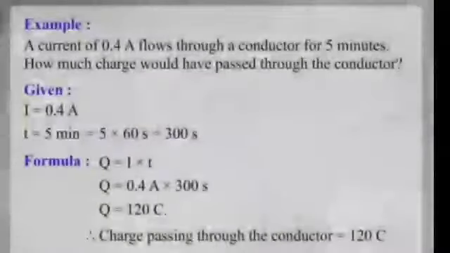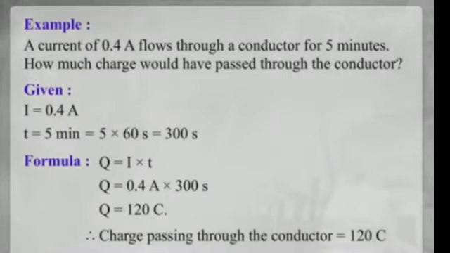Now an example. A current of 0.4 ampere flows through a conductor for 5 minutes. How much charge would have passed through the conductor? Here, given I is equal to 0.4 ampere and time is 5 minutes. Now convert these 5 minutes into seconds.